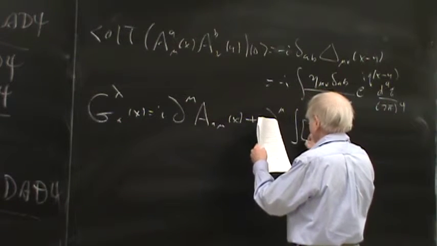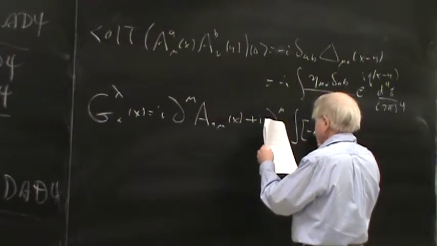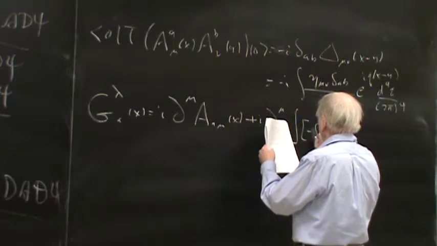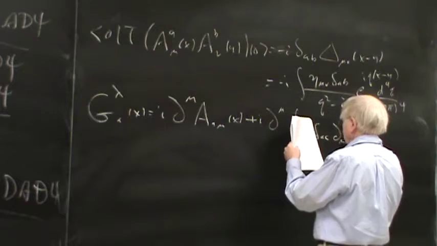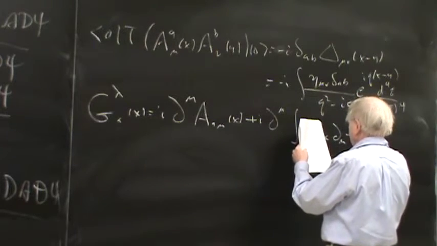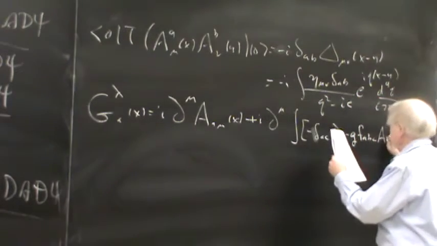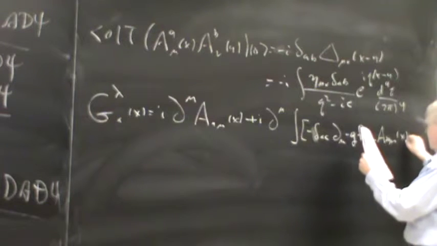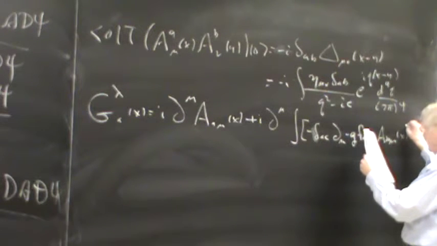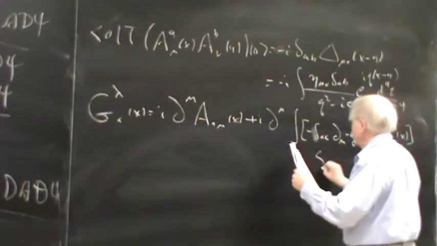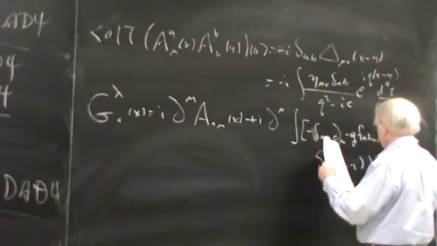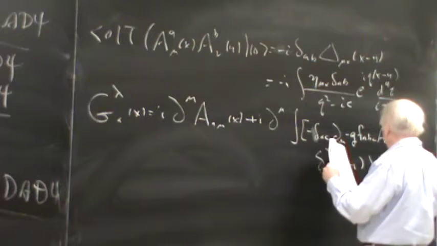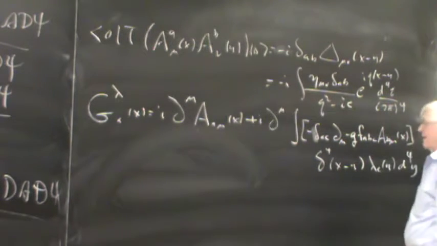And now integral minus delta AC d mu minus g f ABC A B mu of x delta 4 of x minus y lambda c of y d4 of y.